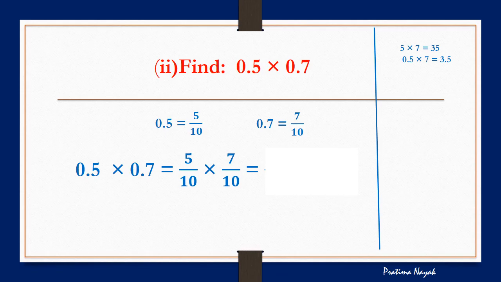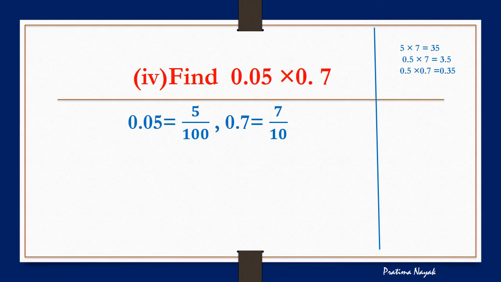What is the numerator? 35. What is the denominator? 100. So it will be 35 upon 100. So what will be in the decimal? It is very easy, 0.35, because there are 2 zeros in the denominator. So it will be 0.35.